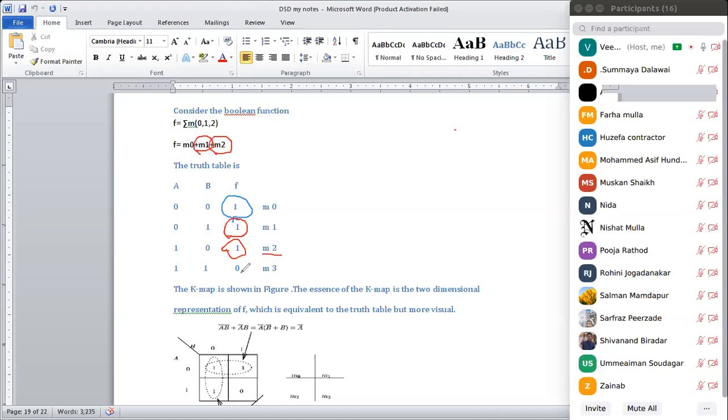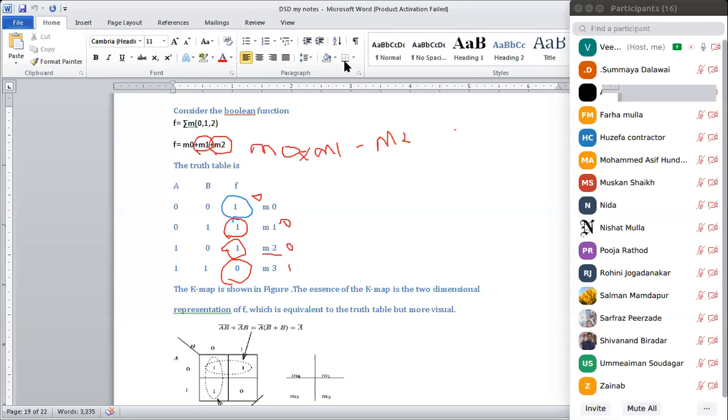And there is no m3, that is why I am putting 0. If this was a POS form, with m0 dot m1 dot m2, then I would have placed 0, 0, 0 and 1. That is the only difference between SOP and POS.